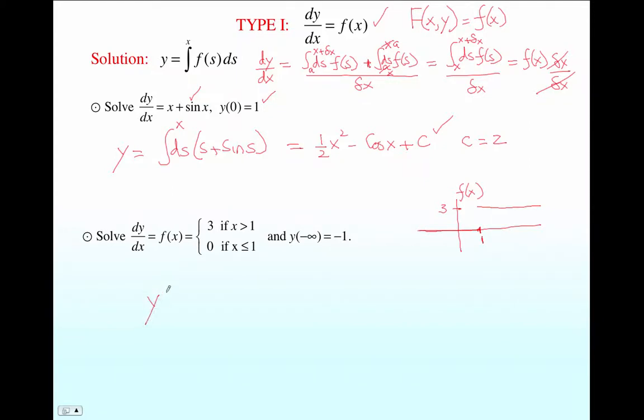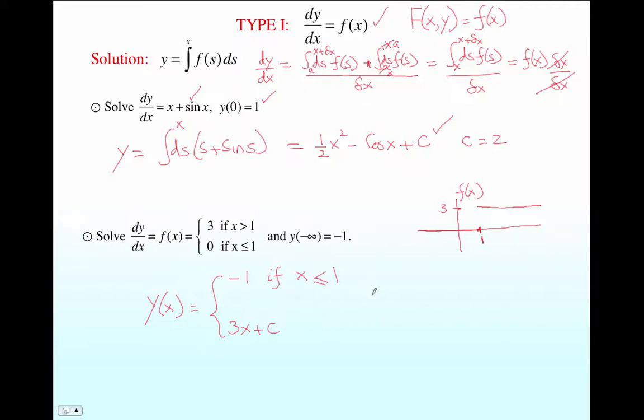y of x then has to be obviously minus 1 if x is less than or equal to 1. And now dy by dx has to be the integral of 3 if x is greater than 1. So if we integrate, we get 3x plus a constant c.